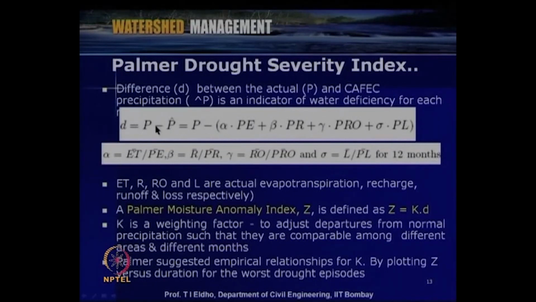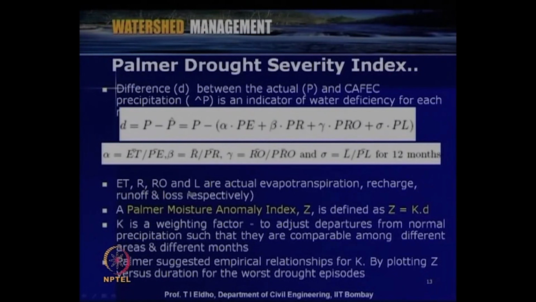So, d is equal to P minus P hat, that is, P minus (alpha times PE plus beta times PR plus gamma times PRO plus sigma times PL). And then alpha, beta, gamma and sigma are defined like this. Alpha is equal to ET bar divided by PE bar, beta is equal to R bar divided by PR bar, gamma is equal to RO bar divided by PRO bar, and sigma is equal to L bar divided by PL bar, for the 12 months we consider.